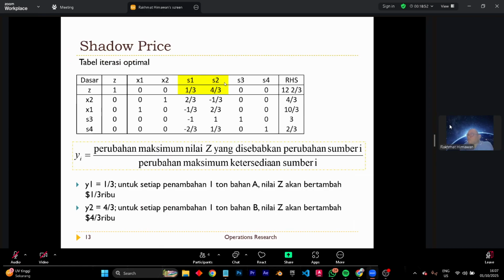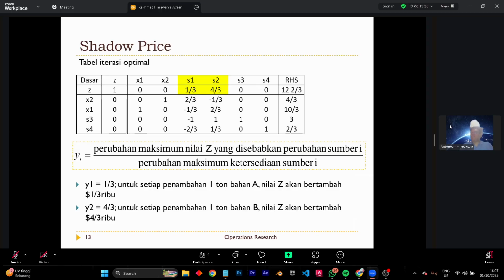If we add 1 ton of the capacity of raw material B, then it will be used also, and it will increase the revenue by 4/3 thousand. So this can get you quickly. You don't need to rerun the program.